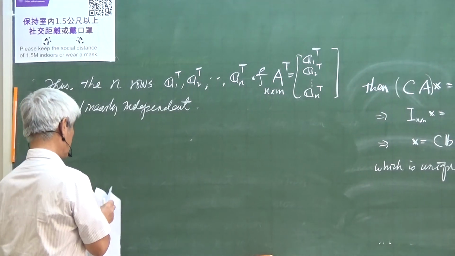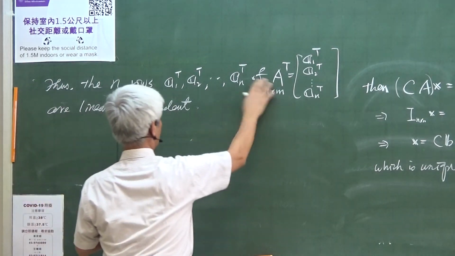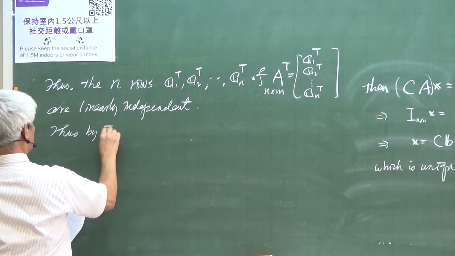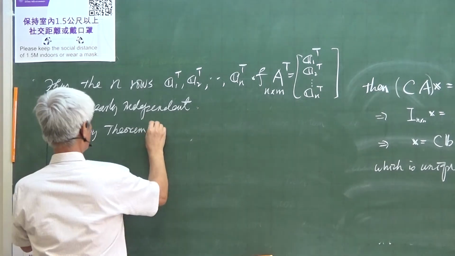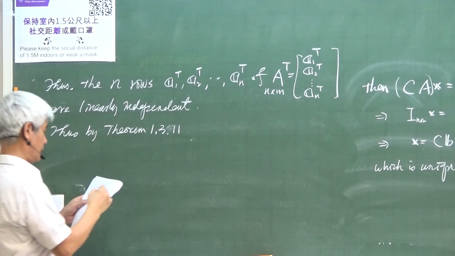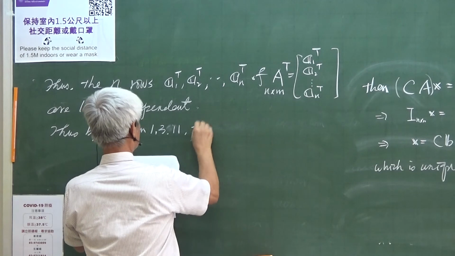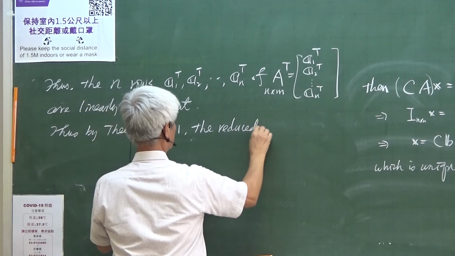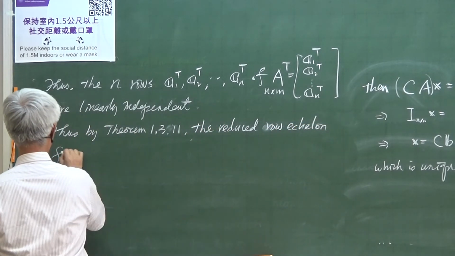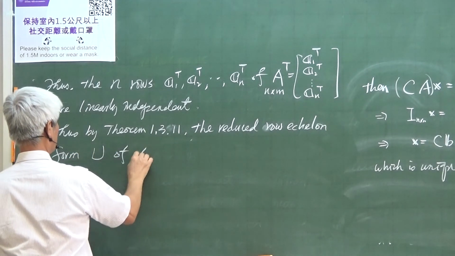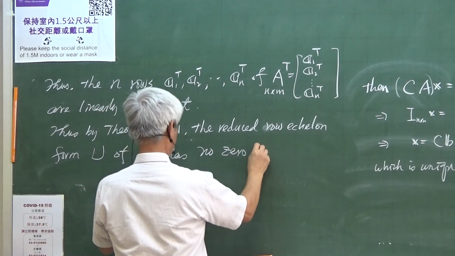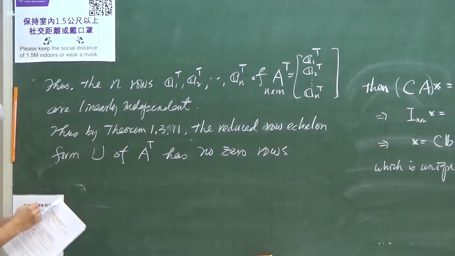Now, once we know that a matrix has linearly independent rows, by an important theorem in chapter 1, Theorem 1.3.11, the reduced row echelon form, say U of A transpose, has no zero rows.